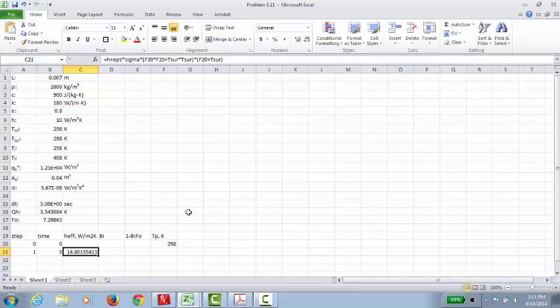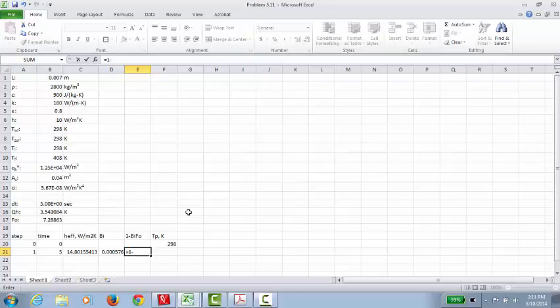So that gets us a value then of the effective heat transfer coefficient, and then we calculate our Bi number is equal to our effective heat transfer coefficient times L divided by K. Which you can see is a very small number, which is good. If it's below 0.1, it means the lump capacitance is indeed valid. And then 1 minus the Bi number times Fourier is greater than 0, so that's good.